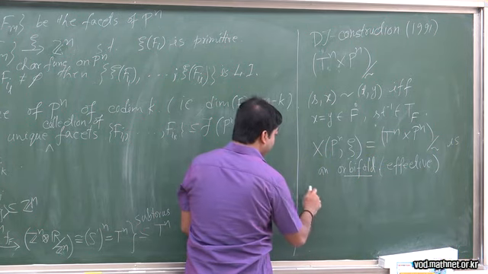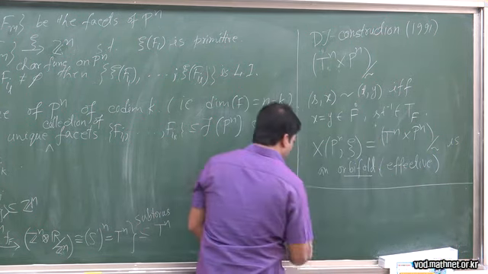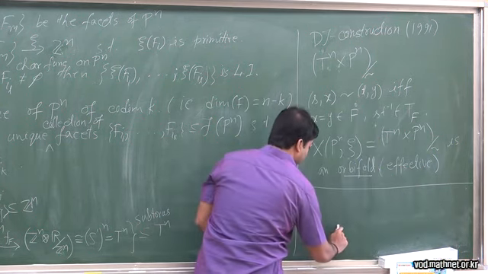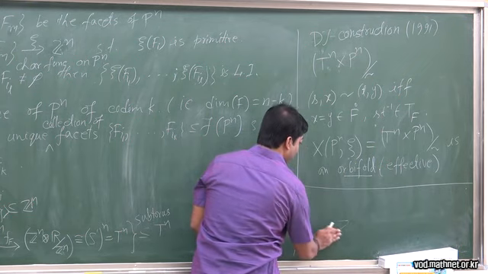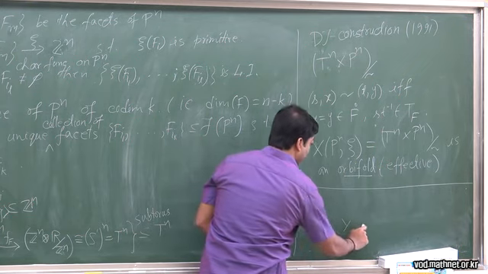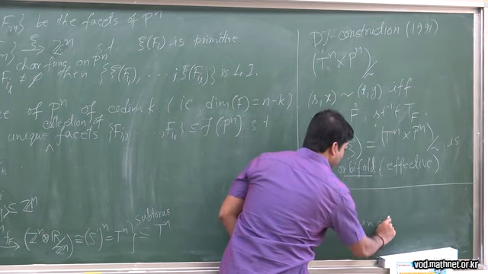So what do we mean by orbifold? Y, Z is an orbifold.